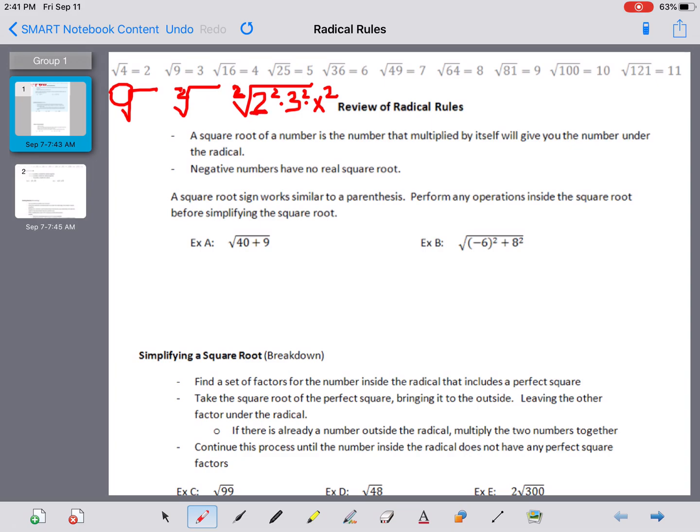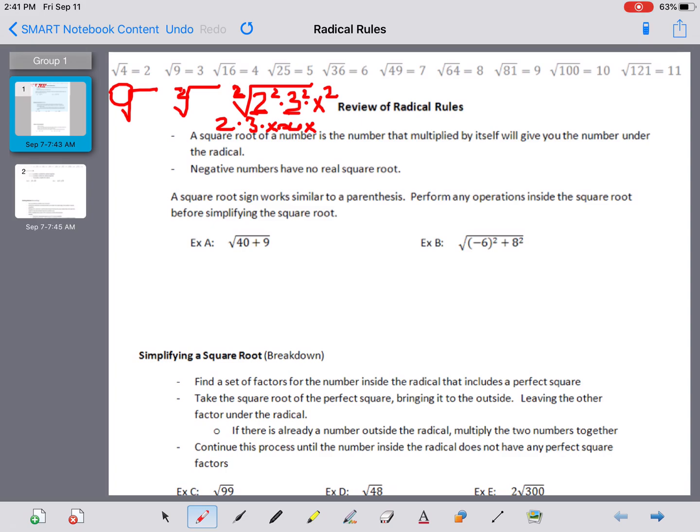Well, this 2 is a group of 2, so I can pull it out. This 3 is a group of 2, so I can pull it out. This x is a group of 2, so I can pull one of them out. As long as there's a group of 2, you pull out what group of 2 that is. And this answer would be 6x for the square root of all of this stuff, okay?